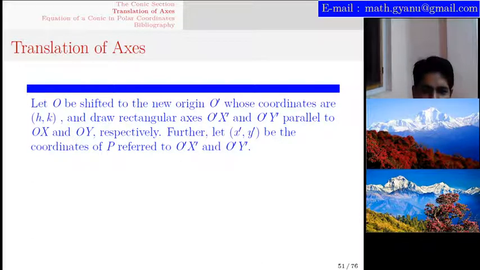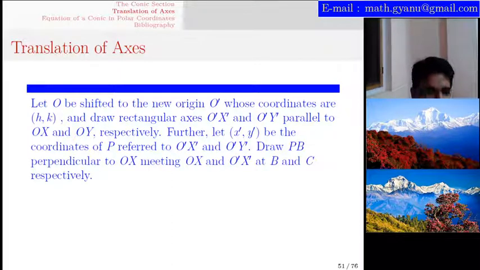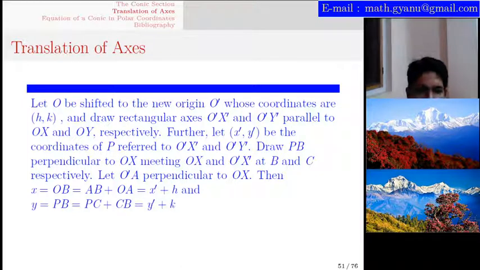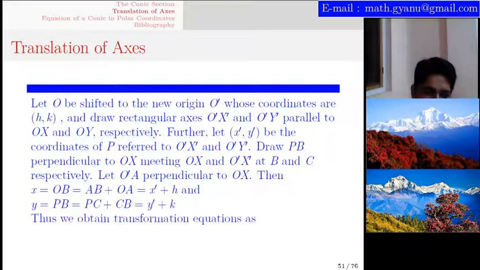Further, let (x', y') be the coordinates of P, referred to O'x' and O'y'. Draw PB perpendicular to OX, meeting O'x' and OX at C and B respectively. Let O'A be perpendicular to OX, then x equal to OB equal to AB plus OA equal to x' plus h, and y equal to PB equal to PC plus CB equal to y' plus k.